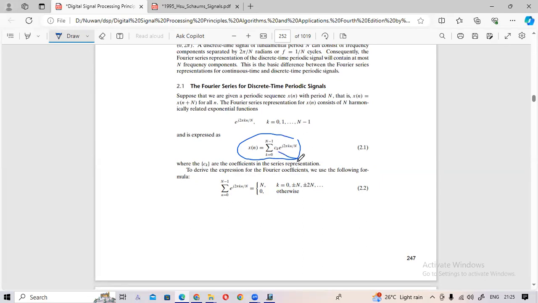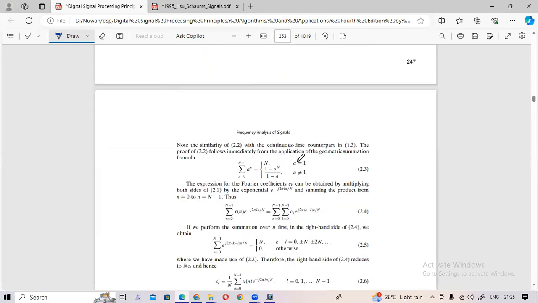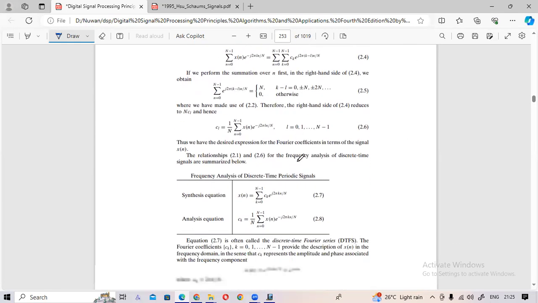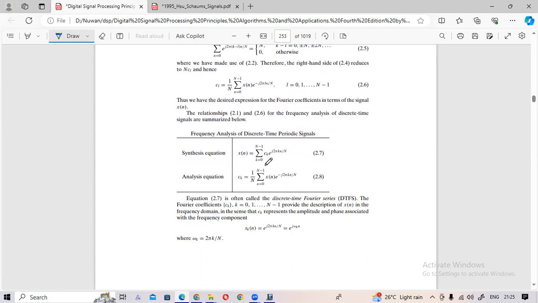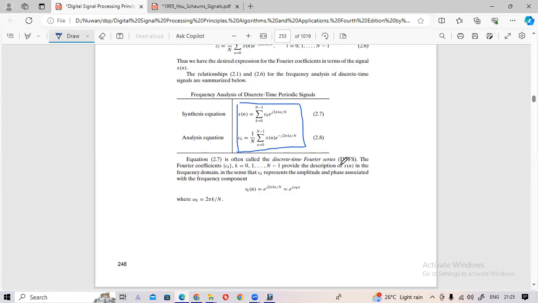And you can compute Ck using 1 over N, x[n] e to the power minus jk omega naught n, from 0 to N minus 1. These are the identities we use to represent a discrete time signal in Fourier series. That is called DTFS, discrete time Fourier series.